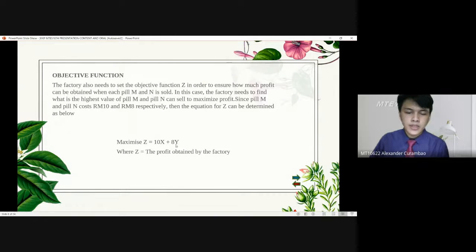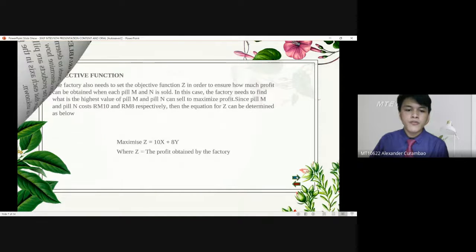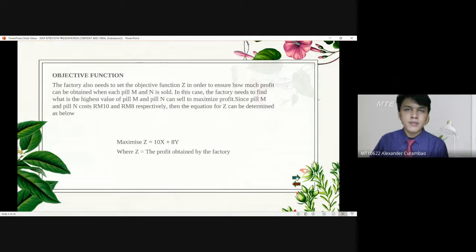So this is the pill N. The 8 is represented by the 8 ringgit, the price of the pill N. So what is the Y? Y is the number of bottles of pill N to be produced. So 8 times Y is equal to the profit of the pill N that has been sold.